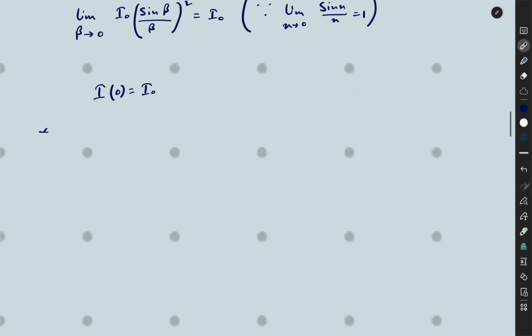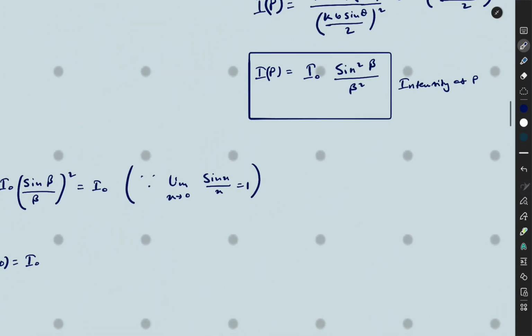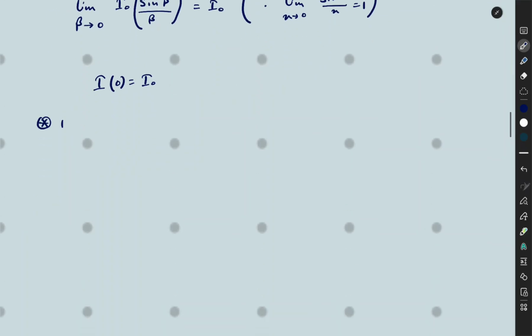Now we will see the minima. So I of P equal to I naught sine square beta whole upon beta square.